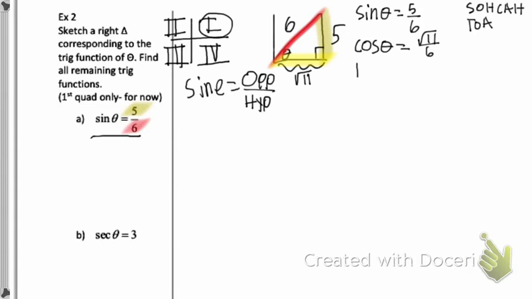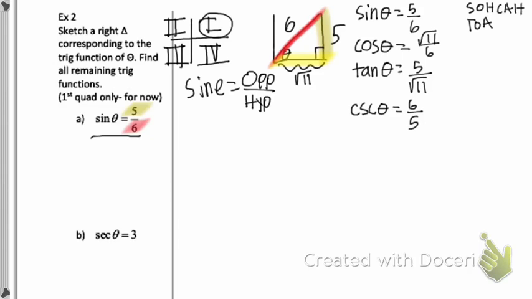Now the other trig function is tangent. From SOH CAH TOA, TOA, tangent equals opposite over adjacent. So tangent of theta will be 5 over square root of 11. Now let's find the reciprocal trig functions. Cosecant of theta: since sine theta equals 5 over 6, cosecant will equal 6 over 5.